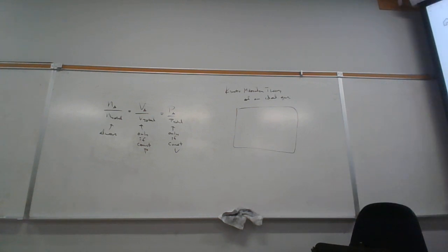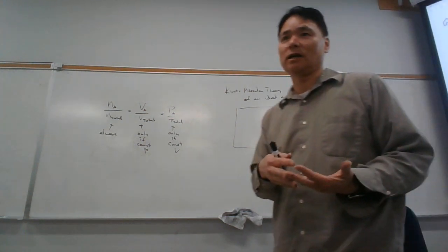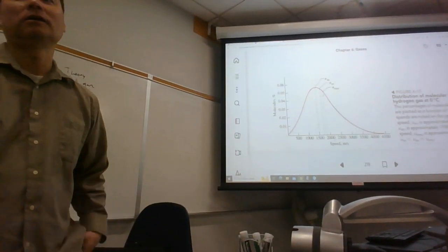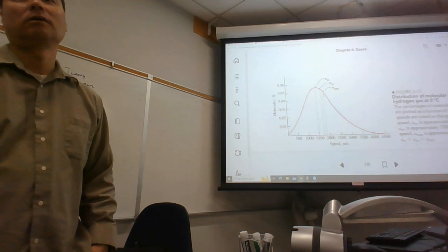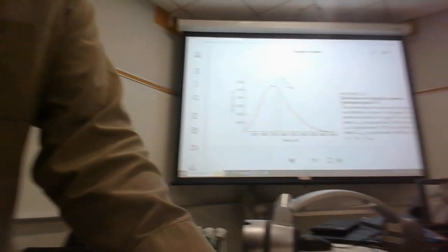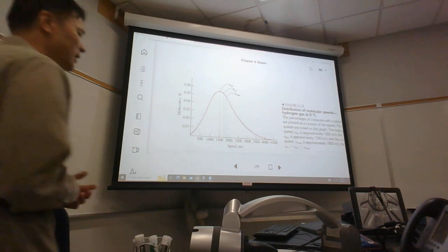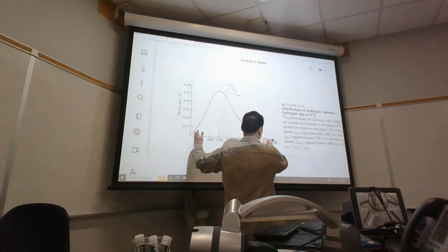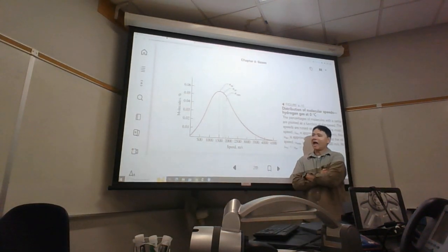How fast is hydrogen moving? Well, I asked you how fast it is moving, but in reality, we have a spectrum of speeds. This is at 0 degrees C, so some of the hydrogens are moving slow, some of them are moving fast. So when I ask you how fast they're moving, it's a little bit tricky because we have a distribution of speeds. Didn't you say they all have the same energy? No, they do. This distribution has the same, what we call, average kinetic energy.